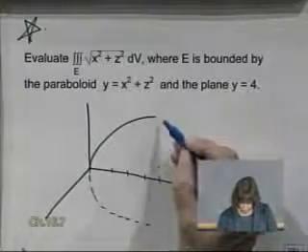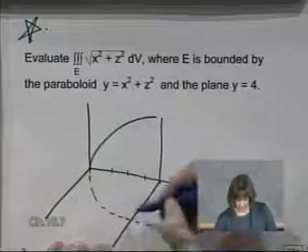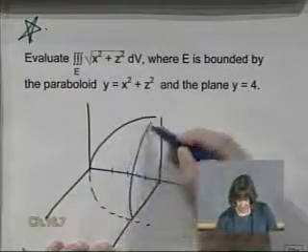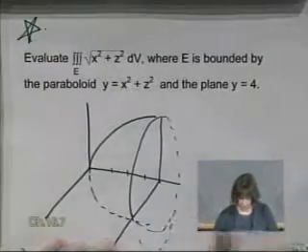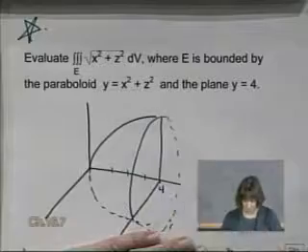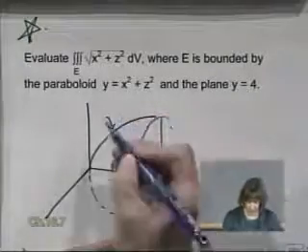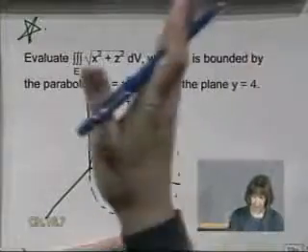Y equals 4 comes down and is looking like this. So when I slice that, oh, my picture's awful. Ignore that part. All right, I'm slicing it at y equals 4. This is your paraboloid right here, which is y equals x squared plus z squared, and then we're slicing it.